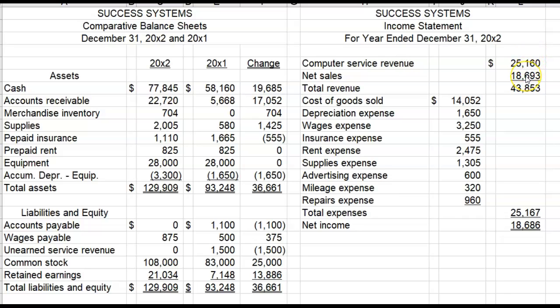We always recognize the revenue that was earned in that period of time. We also recognize expenses incurred in that period of time, regardless of whether cash was used to pay for those expenses or not. So the numbers on the income statement do not represent cash inflows and cash outflows.